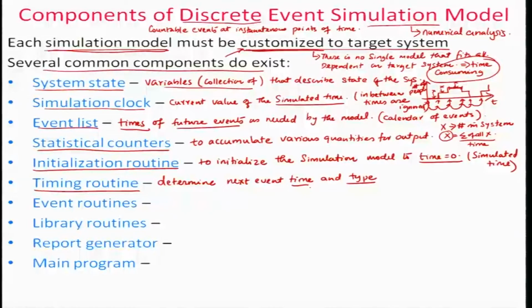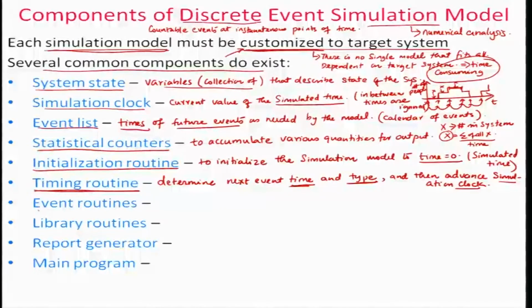Whether it is an arrival, whether it is a service completion, whether it is a machine breakdown, you determine this and then advance the simulation clock. Okay. So, you determine the time and the type of the next event, and then you advance the simulation clock, so that the next event actually happens. So, the timing routine ensures that the simulation model keeps on ticking as time progresses.